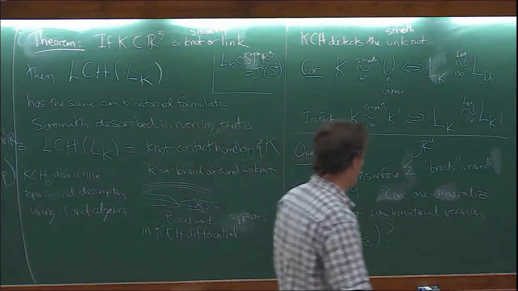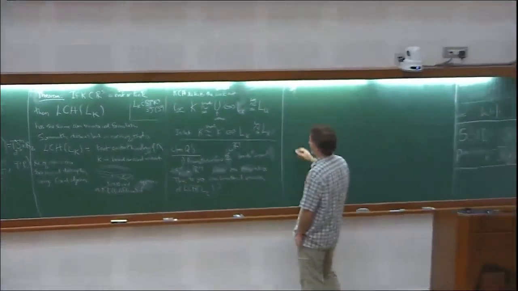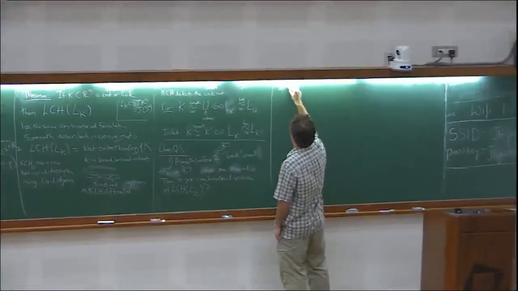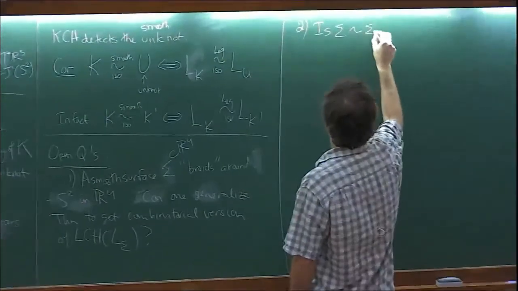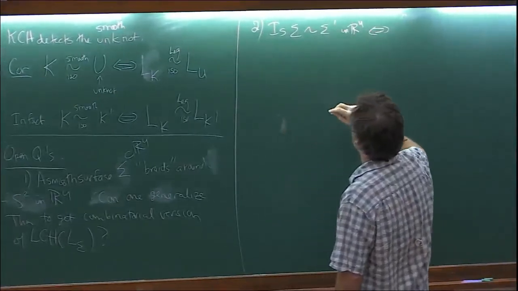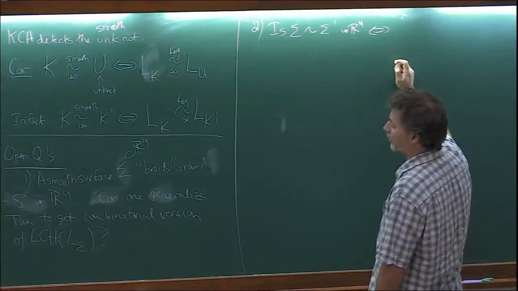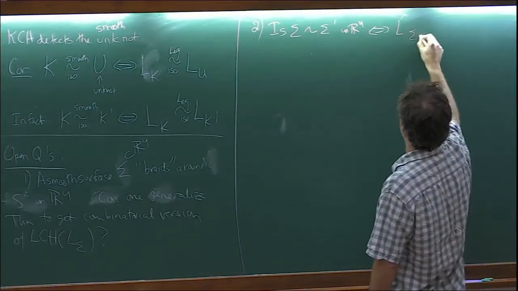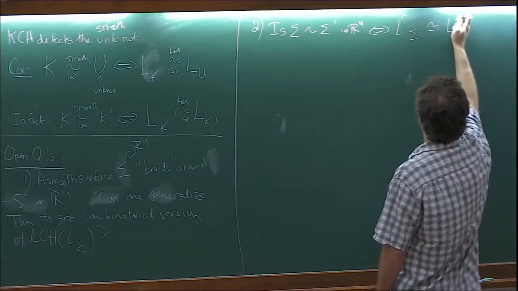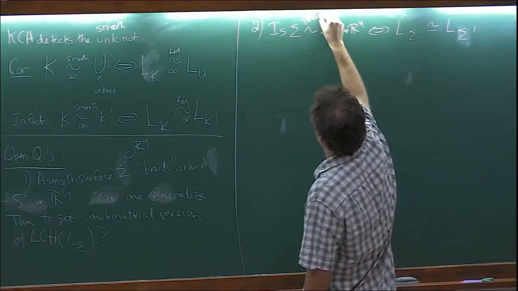And if you could do that, I'll go even further to something even more ambitious. Can you prove something like this? That two surfaces are smoothly isotopic if and only if their Legendrian lifts are Legendrian isotopic.